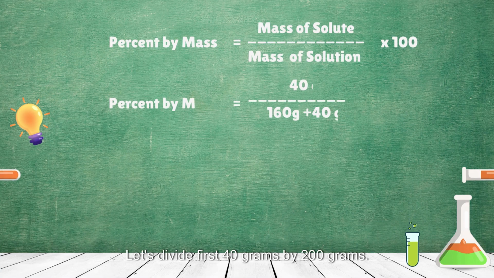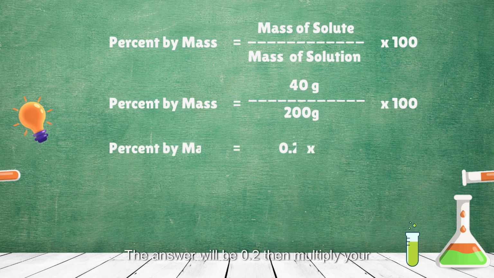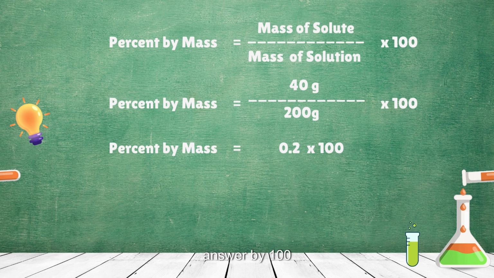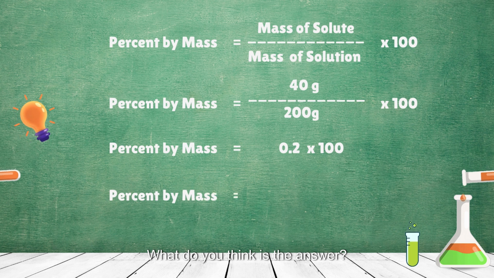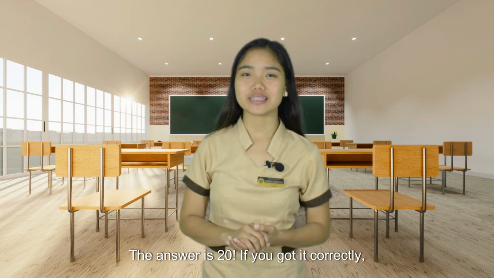Let's divide first 40 grams by 200 grams. The answer will be 0.2, then multiply your answer by 100. What do you think is the answer? The answer is 20. If you got it correctly, very good.